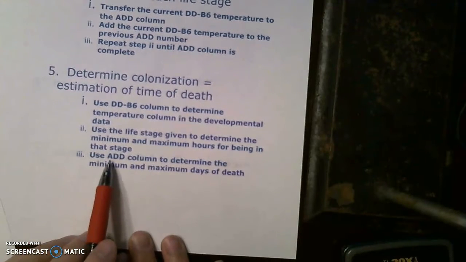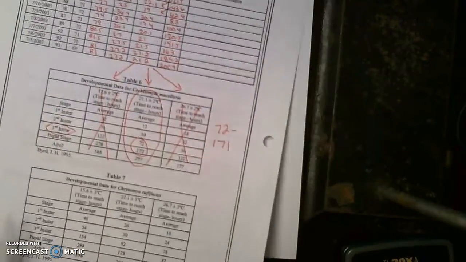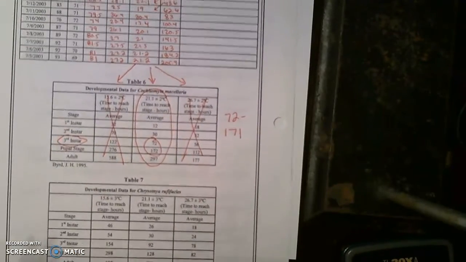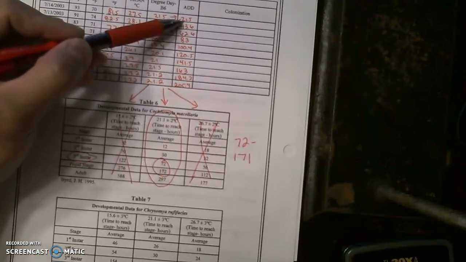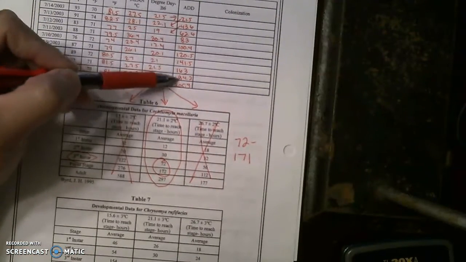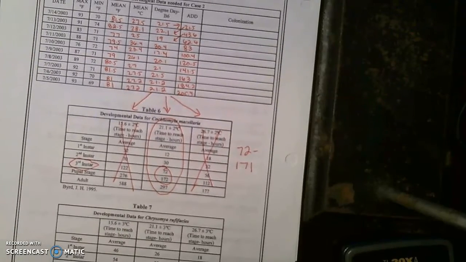The last part says use the ADD column to determine the minimum and maximum days of death. So basically what I'm going to do is take this range and fit it into my hours of estimated time here for the first fly.